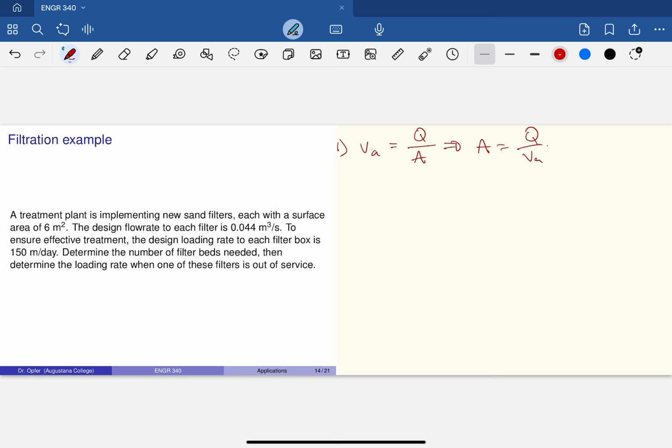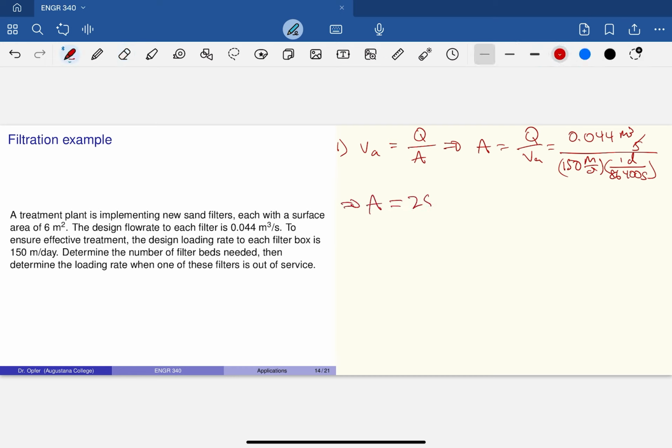In this problem, that is equal to 0.044 meters cubed per second divided by a loading rate of 150 meters per day times 1 day equal to 86,400 seconds.